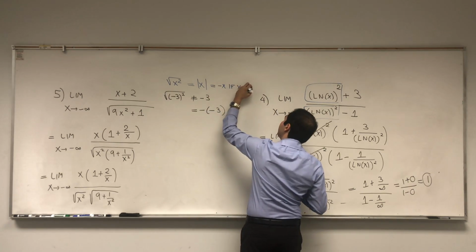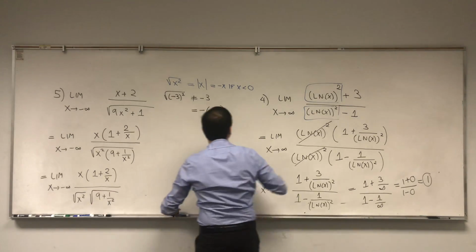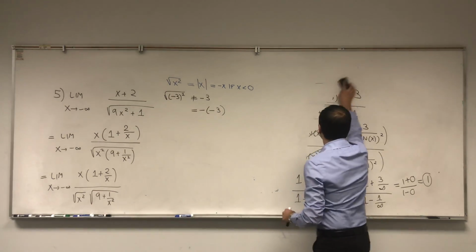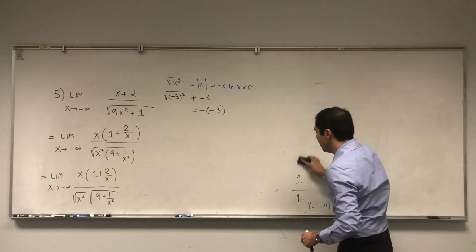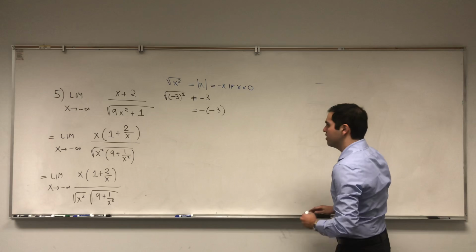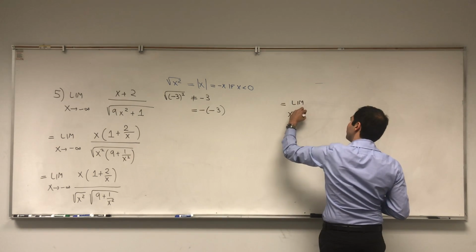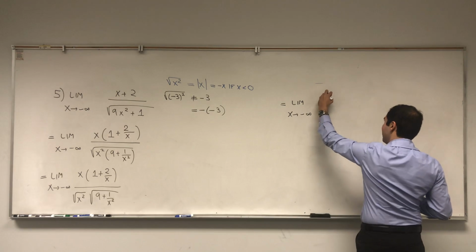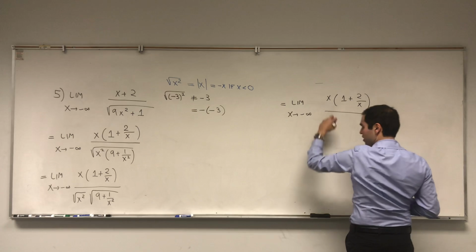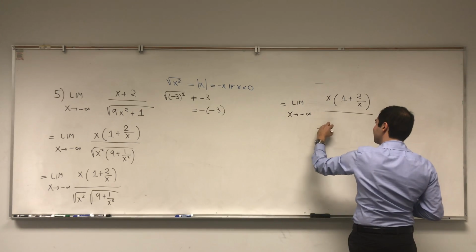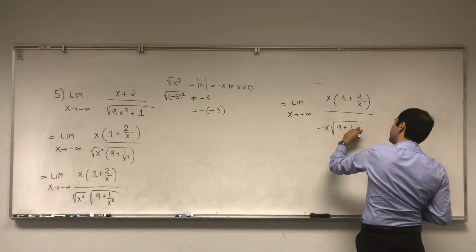If x is negative. And indeed, what happens here now, the square root of x squared turns into something quite interesting. So that becomes, again, limit x goes to minus infinity of x times (1 plus 2 over x) divided by minus x times square root of 9 plus 1 over x squared.